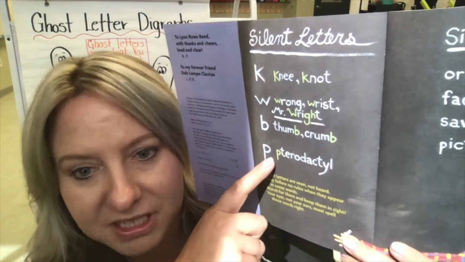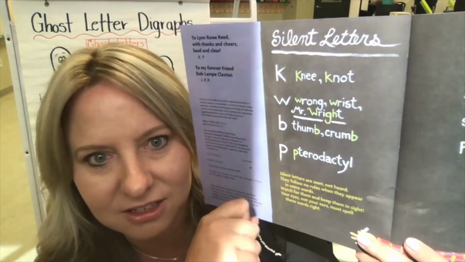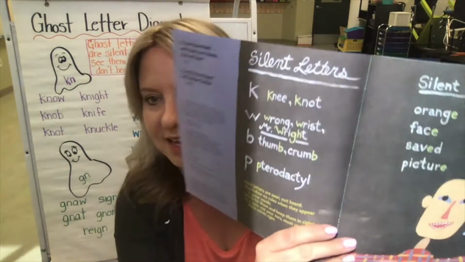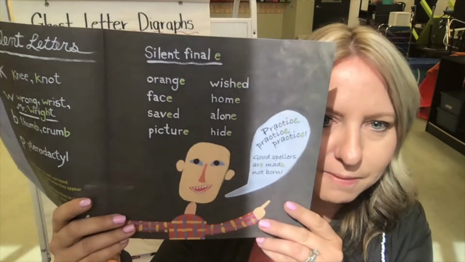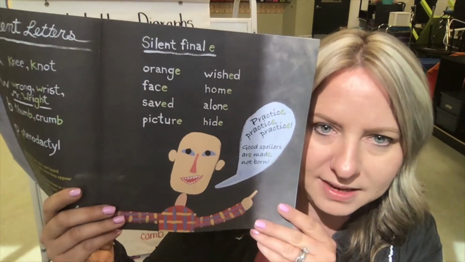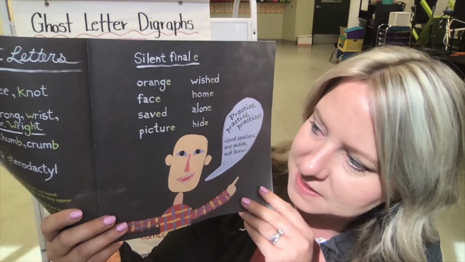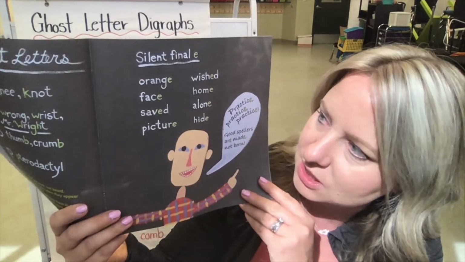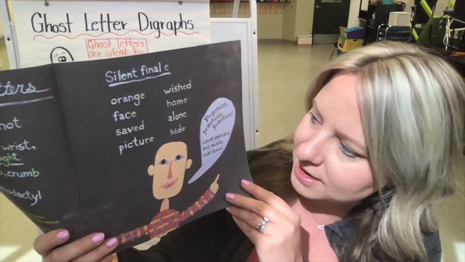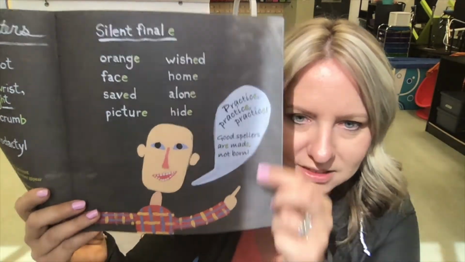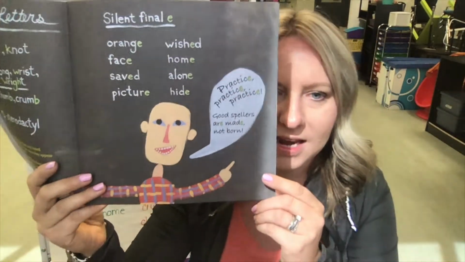Do you say p-terodactyl or just terodactyl? Just terodactyl. So it's a silent letter. And then over here, well, we've already talked about silent final E or sneaky E. In orange, face, saved, picture, wished, home, alone, and hide. And it says, practice, practice, practice. Good spellers are made, not born.